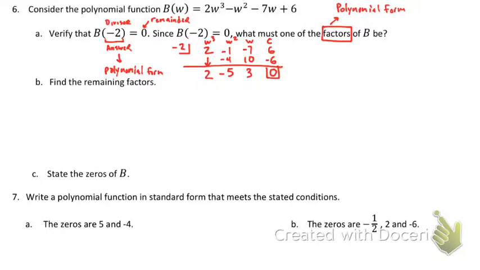Okay, so if you recall, when we did answer form, it was x equal to, in this case, negative 2. Well, we want to reverse that. So basically, I want it equal to 0 now. So I'm going to add 2 to both sides.